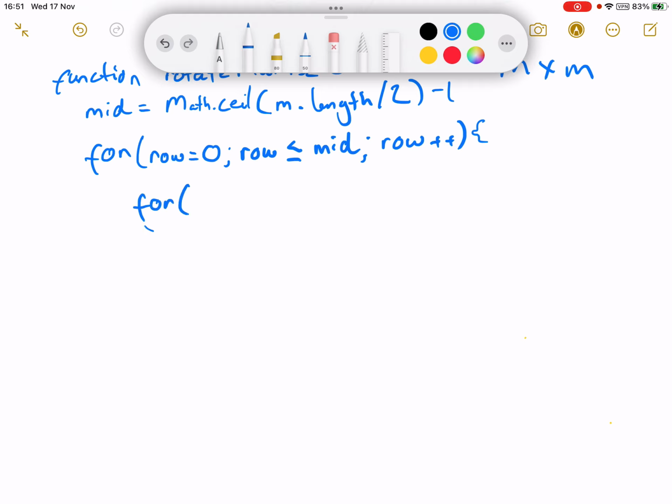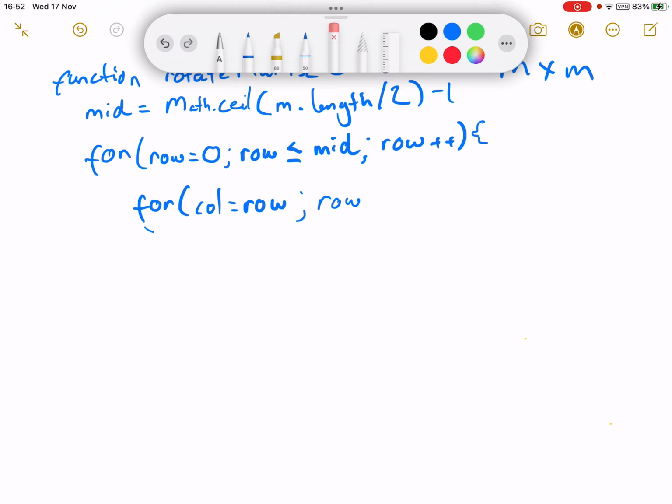So for call is equal to your row, right? Then row, then call is less than or equal to mid, because it's A, B, C, D, E, F, G, H, I. Right? So then, like, the row is 0.